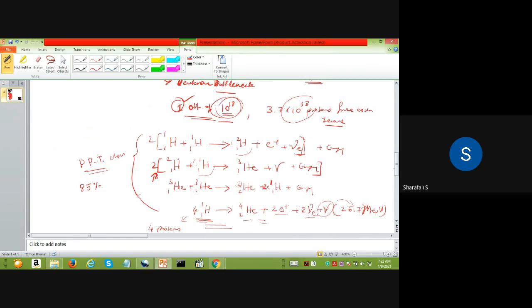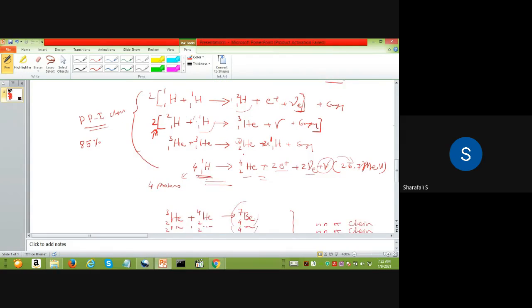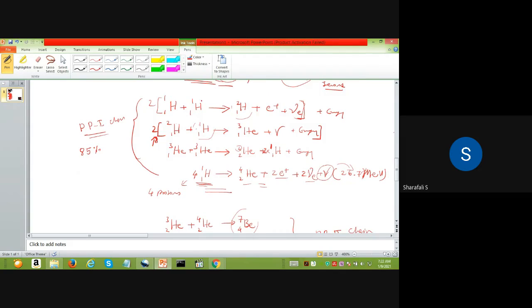For all chains it is starting from here, but from here onwards that change is happening in each chain. So when you consider the initial stage, there are 4 protons which are interacting.